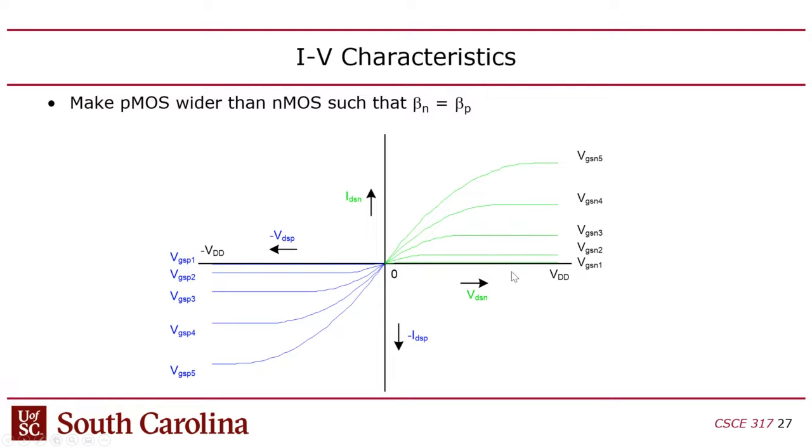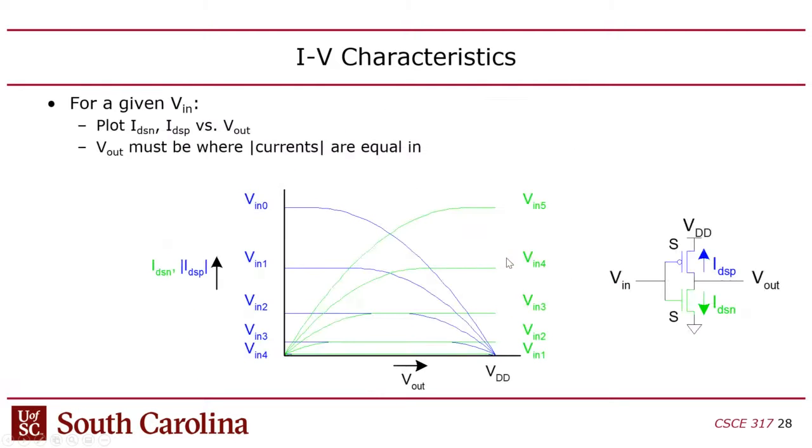It's harder to find intersecting points. So instead, when you look at this plot, the blue lines are kind of a mirror image, because the vertical axis represents the absolute value of the current flowing from drain to source on the PMOS, right? So that just flips it from negative to positive.